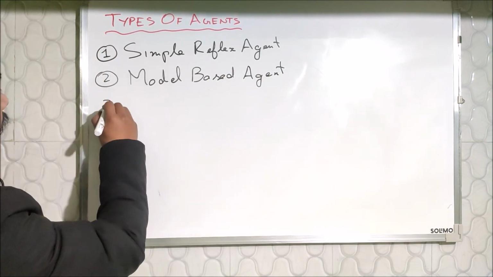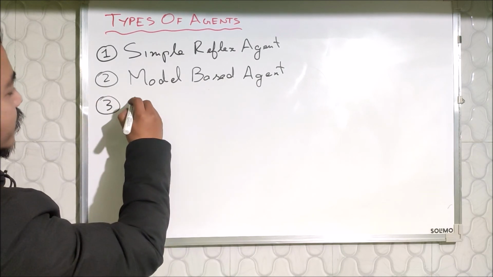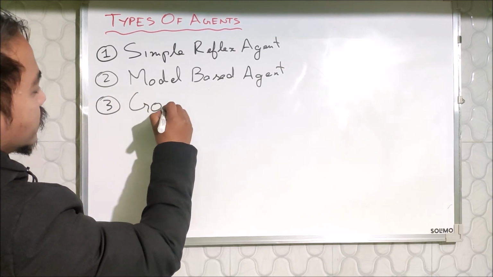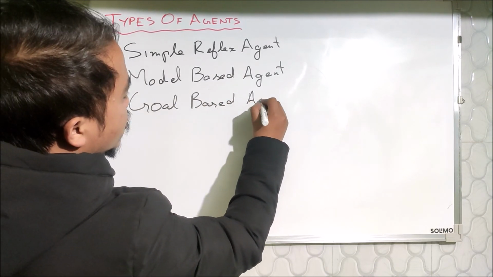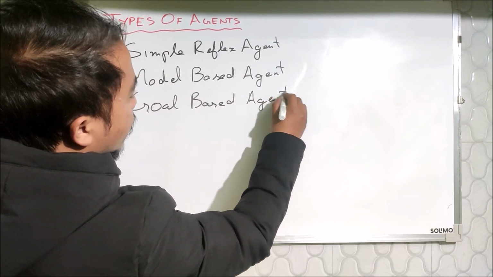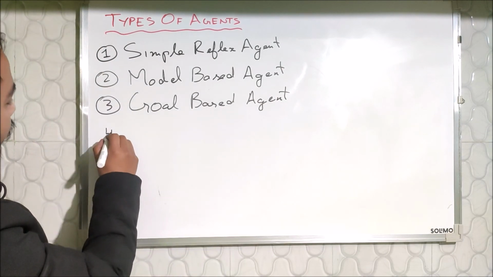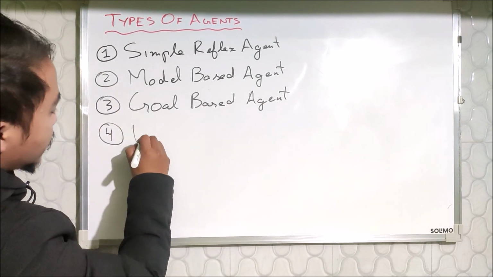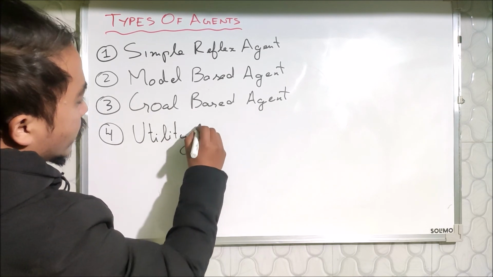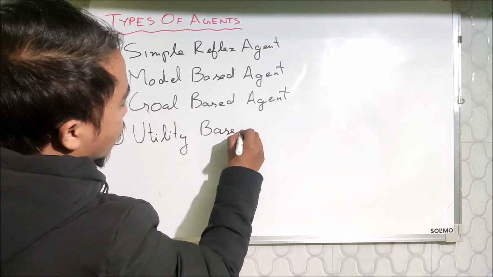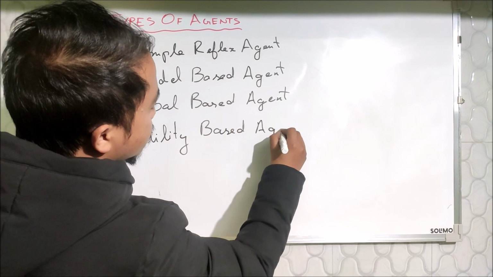Number 3 we have the goal based agent. Number 4 you have the utility based agent.